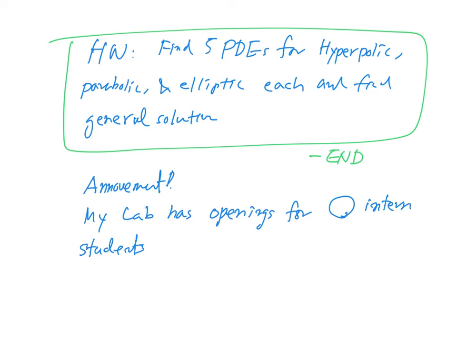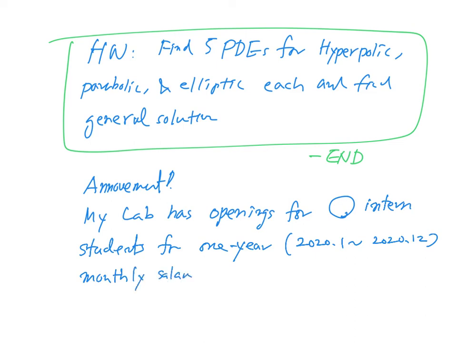And employment will be for 1 year, like 2021 to 2022. 1 year, and monthly salary over 60만 원, 100K, right? And office space will also be provided.